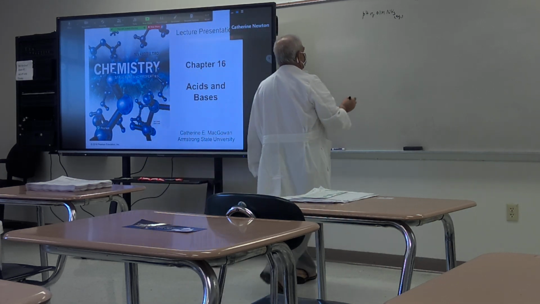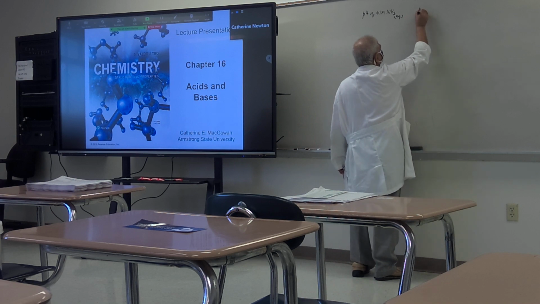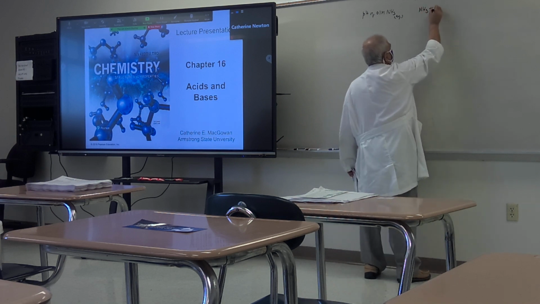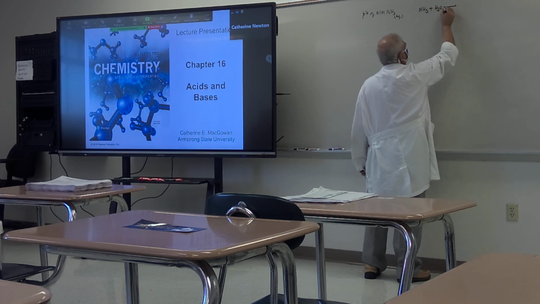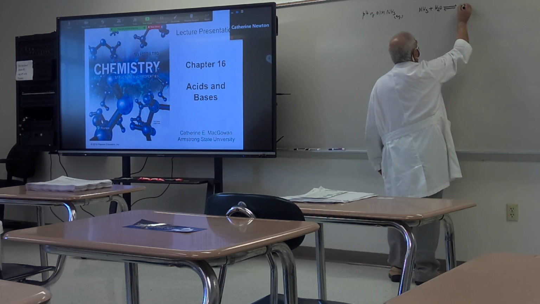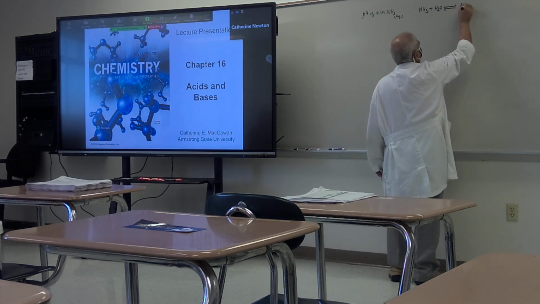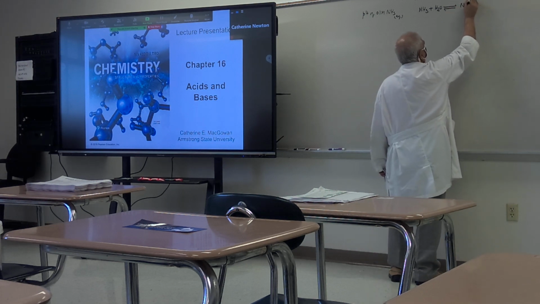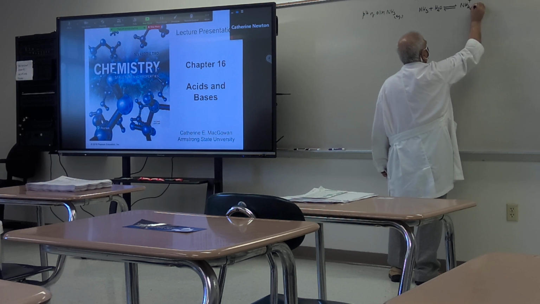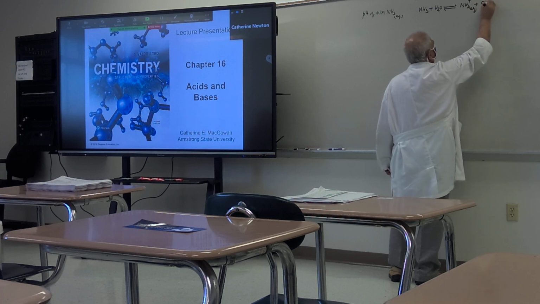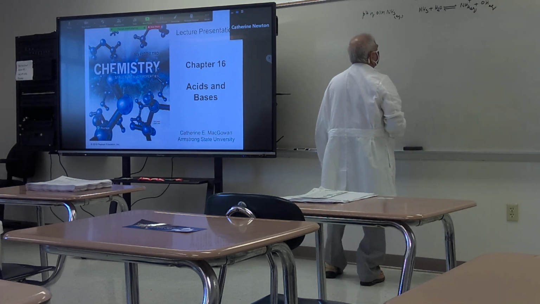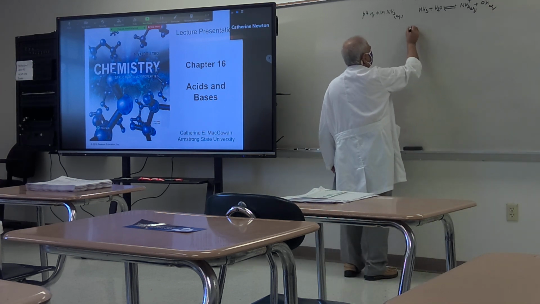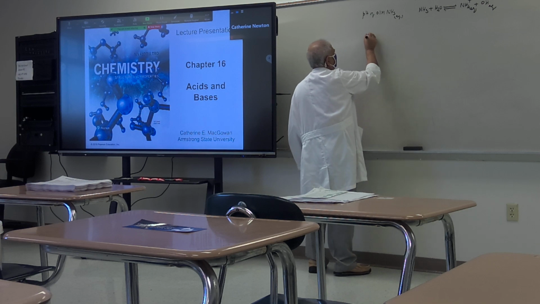So now put that into water. NH3 plus water. So you are going to get ammonium ion aq plus OH minus aq. So now again you have to construct a table here.